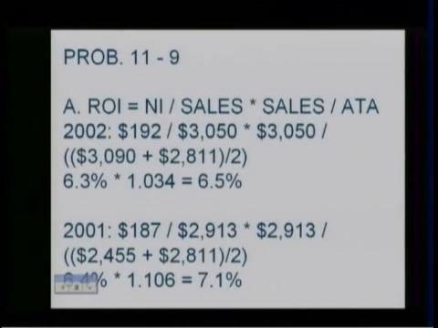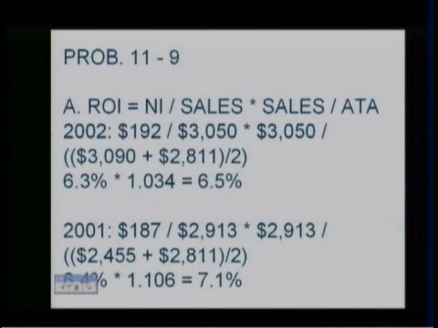They give you the net income amounts for both years. Your sales are shown in that same box there on page 404. Your average total assets are on the previous page over on the balance sheet information, where they give you total assets for those years. And what you find is that you have an ROI of 6.5% in 2002 and 7.1% in 2001.